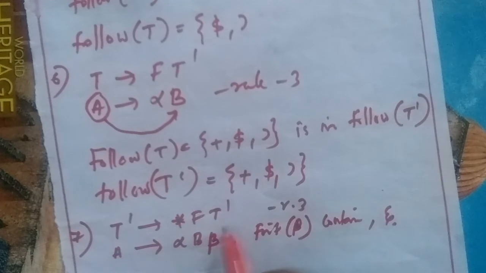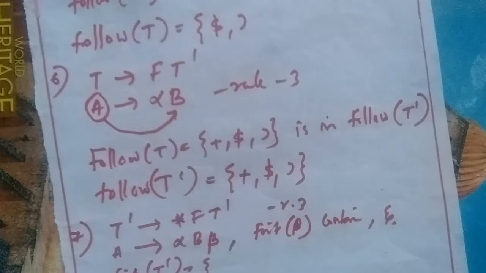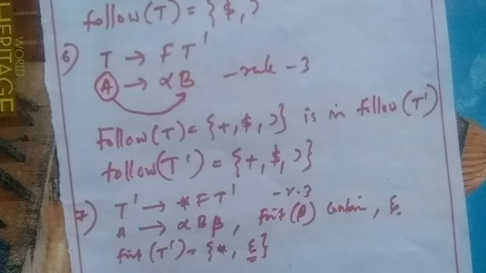So I will check what is first of beta. Beta is T dash. So first of T dash is equal to star and epsilon. So first of T dash contains epsilon, so you can apply rule 3.